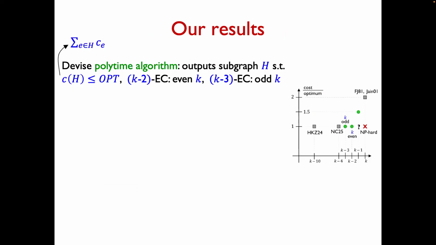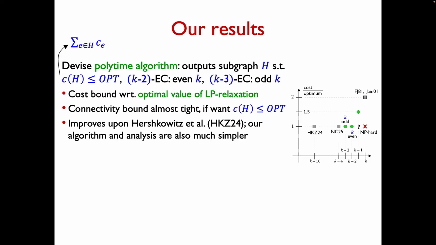C of H is just a shorthand for the sum of the edge costs in my solution. These cost bounds are with respect to the optimal value of the natural LP relaxation for the problem, which I'll show in the coming slides. Again, k minus 1 would be tight if you wanted cost at most the optimum, so this is almost tight.